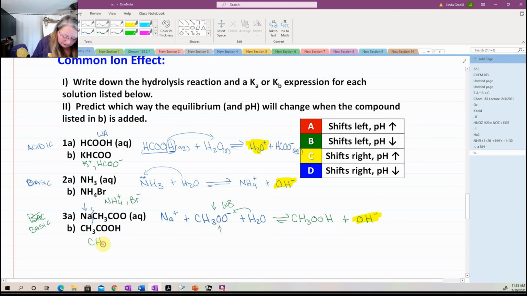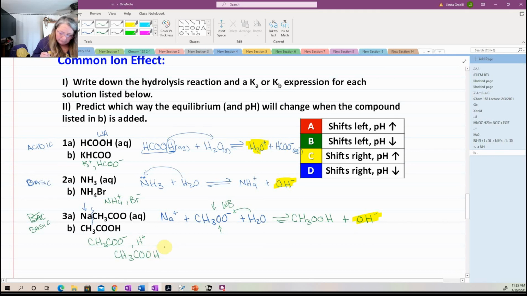So I'll have CH3COO minus and H plus. Or, because this is a weak acid, I can think of this as its entire thing, and that some is going to dissociate to the left or to the right.